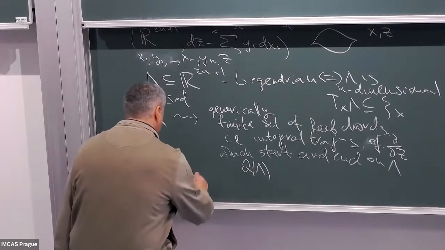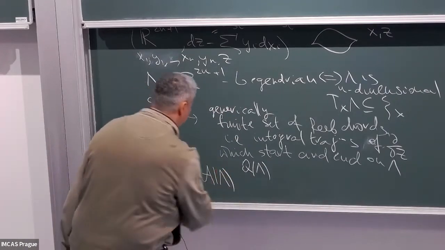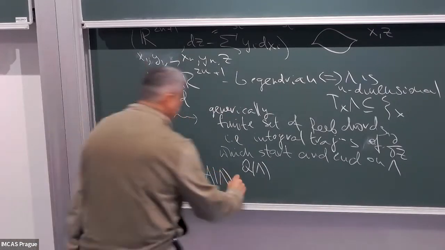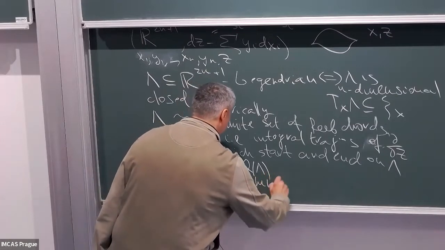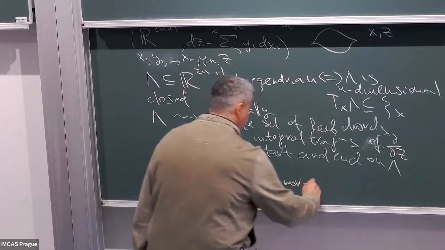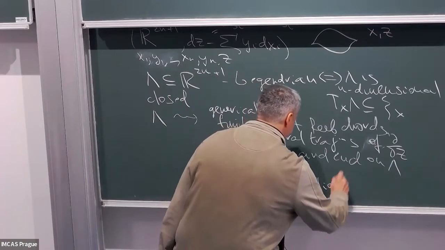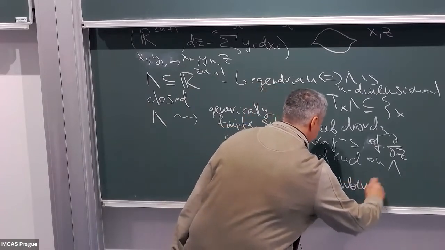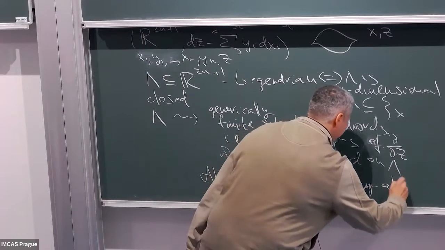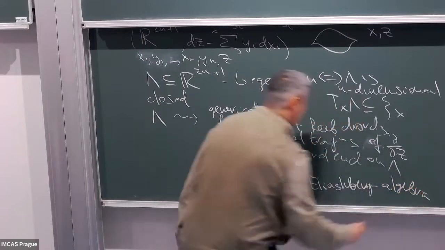Also we can associate some algebraic object that we call A lambda, and this is the so-called Chekanov-Eliashberg algebra.